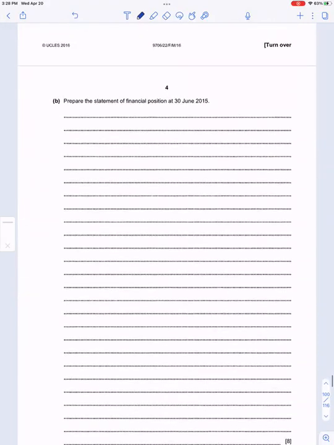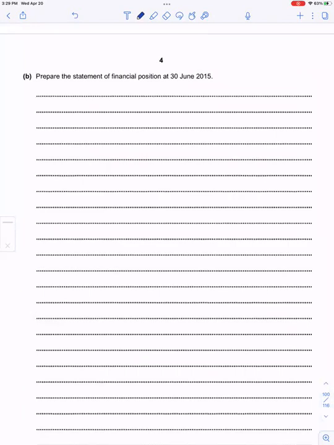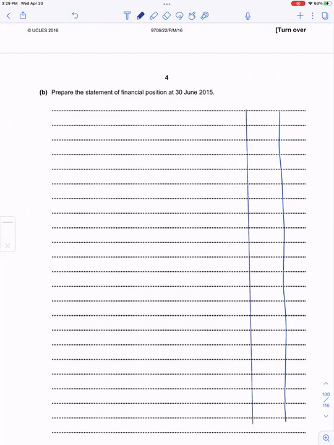I've been asked to prepare a statement of financial position also. So I'm just leaving few place over here. And I am simultaneously doing the statement of financial position also. What is it? We show current assets, right?